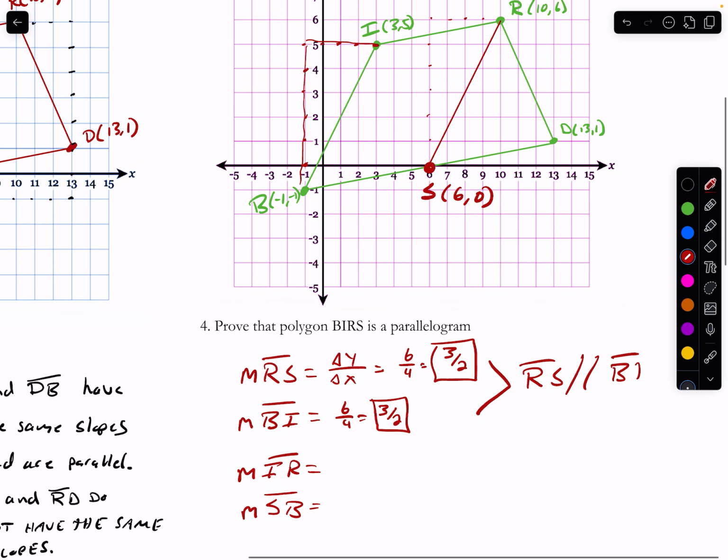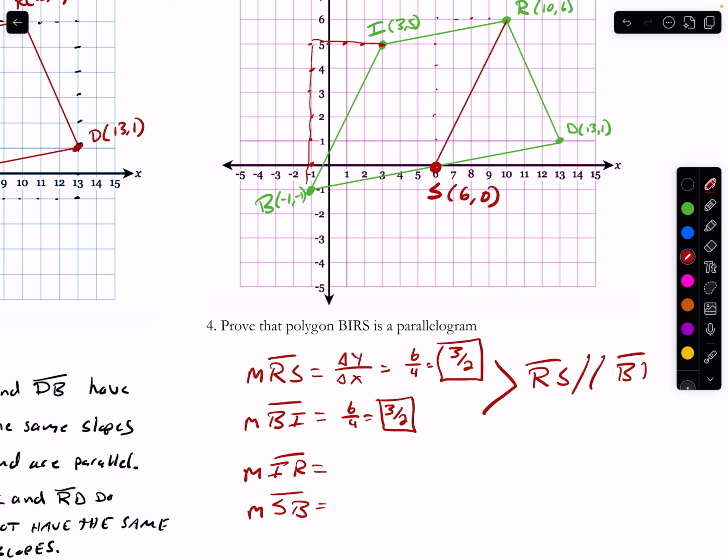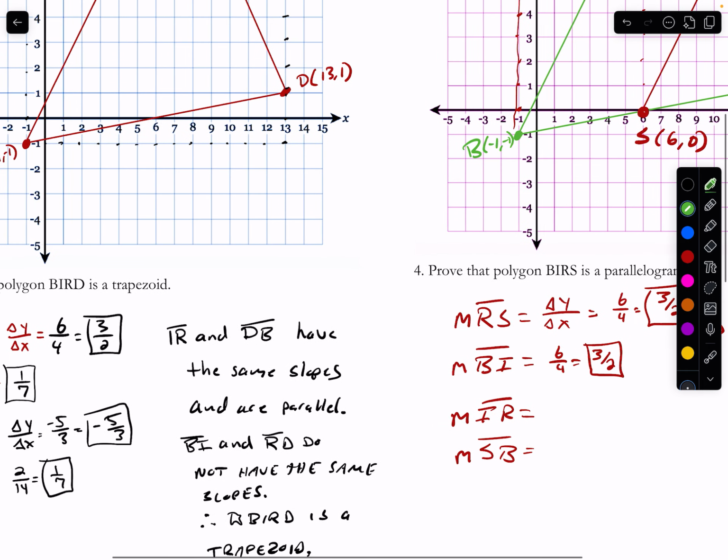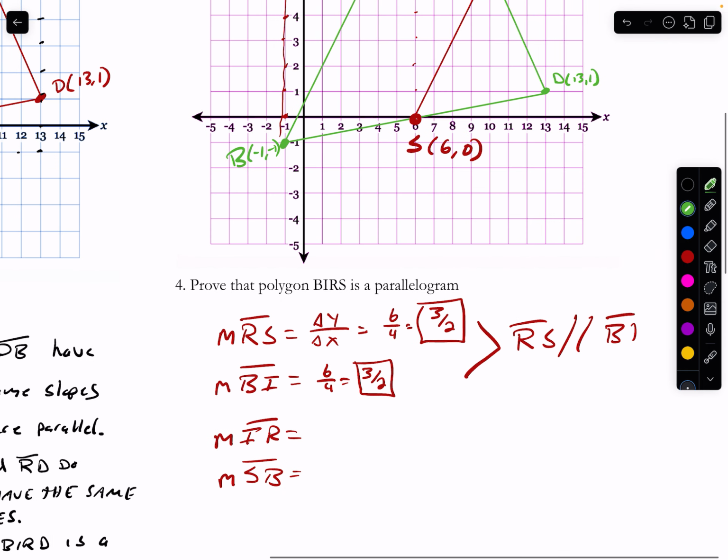And now the other ones we want to calculate. IR, we already did calculate. We already showed that IR was a slope of 1 over 7. So we want to calculate B to S, or S to B. The change in the Y over the change in the X is a rise of 1, run 1, 2, 3, 4, 5, 6, 7, and there you go, 1 over 7, lock it in.